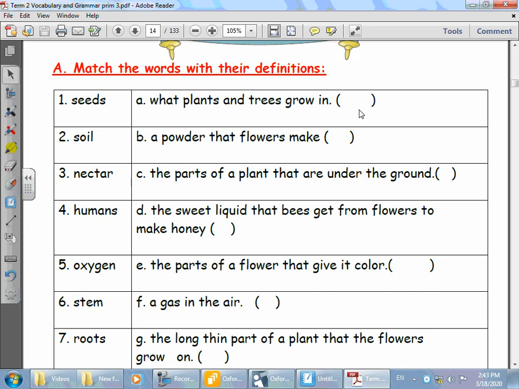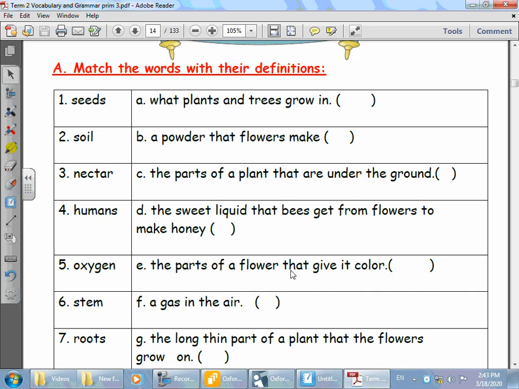Okay, next. The sweet liquid that bees get from flowers to make honey. What is the liquid? Very good. The nectar. Number 3. Okay, the parts of a flower that give it color, the colorful part. Excellent. Number 10, petal. Okay, a gas in the air, what is it?